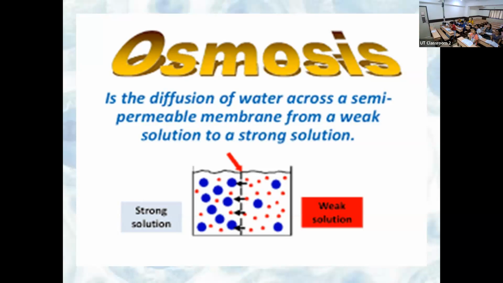So how many molecules of water are there in A? 12. On B? 12. Can I say the concentration of water across the membrane is same? दोनों जगह same है. Okay.